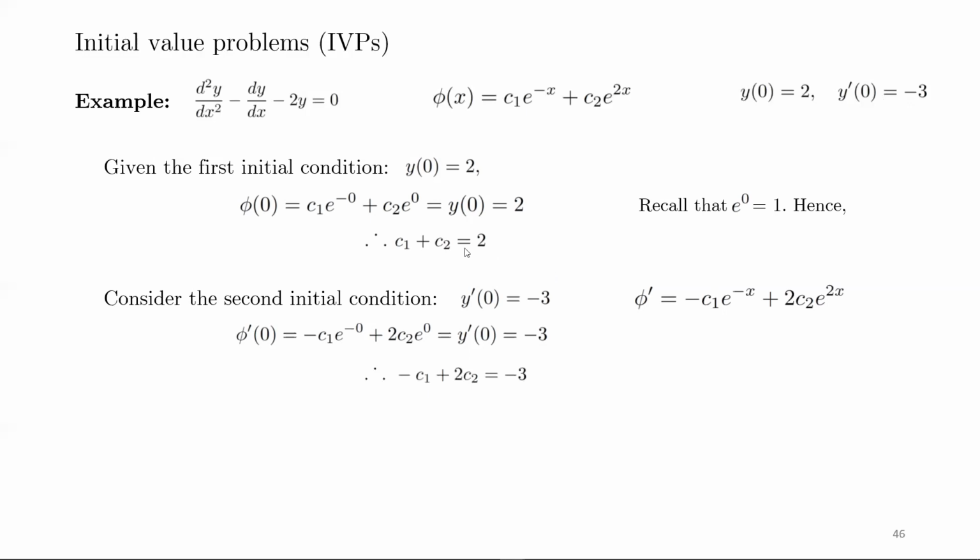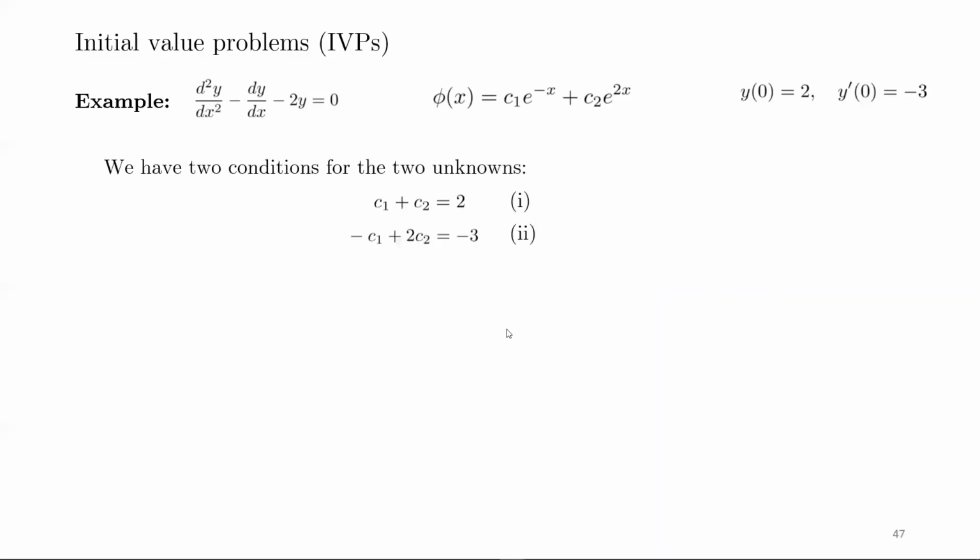Now if I write these two expressions for the constants next to each other, C1 plus C2 equals 2, and negative C1 plus 2C2 equals negative 3, we get two simultaneous equations that we need to solve for C1 and C2.